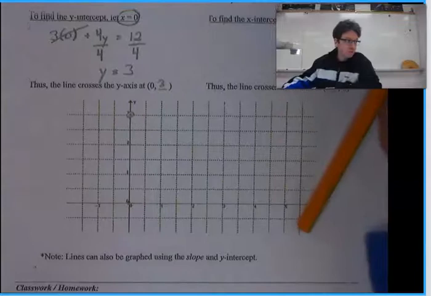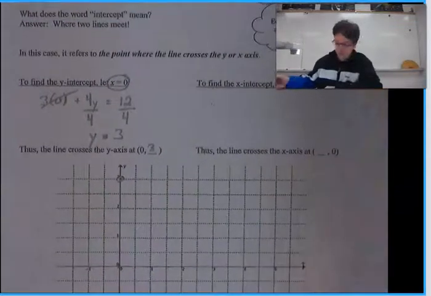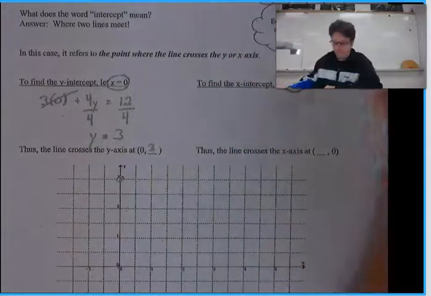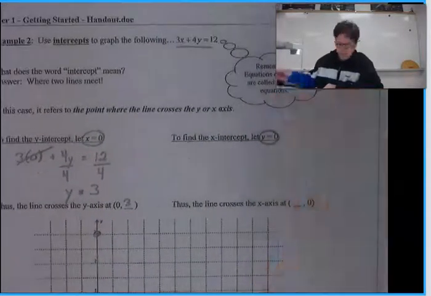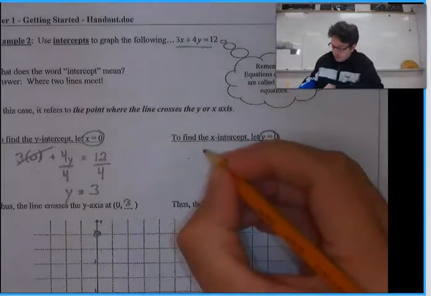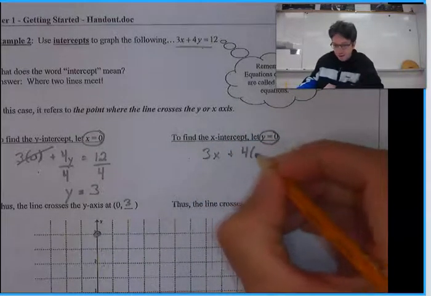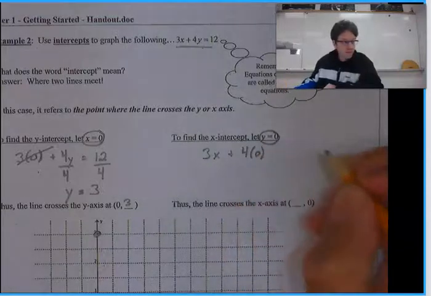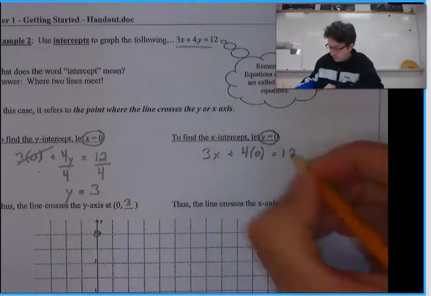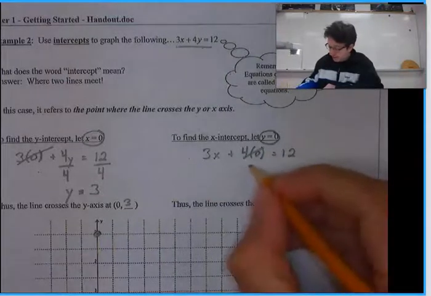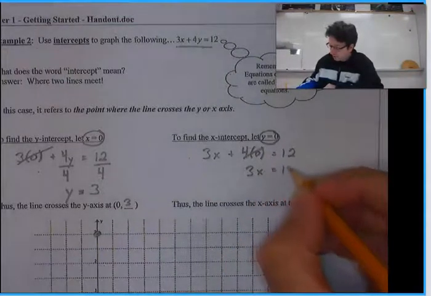So to figure out where it crosses the x-axis, we're going to let y equals 0 in the equation above. So again, substitution, we have 3x plus 4y, but for y, we're going to write 0. And that's going to equal 12. Now in this case, 4 times 0 is 0. That's going to all disappear, and we're left with 3x equals 12.